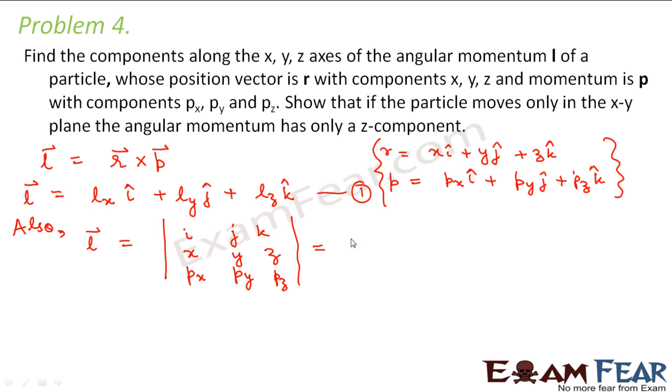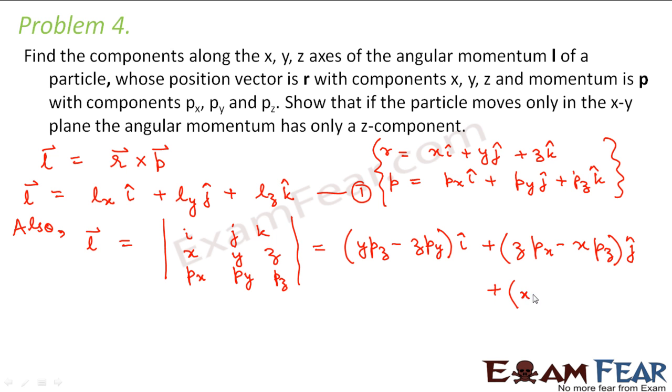From this we will get (ypz minus zpy) i cap plus (zpx minus xpz) j cap plus (xpy minus ypx) k cap. You would have studied all these things in the case of matrices and determinants. Now if you compare this with equation 1, what do you get?